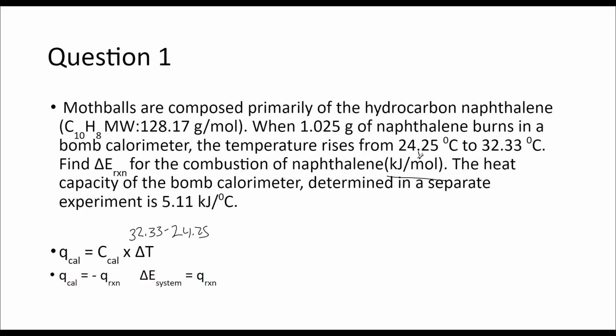Okay, so I want moles. So I know I'm going to use that weight somehow, so let's just do that first. How many moles of naphthalene do I have? So 1.025 grams, and for every 128.17 grams, I have 1 mole. Let me just calculate that out using Excel here.